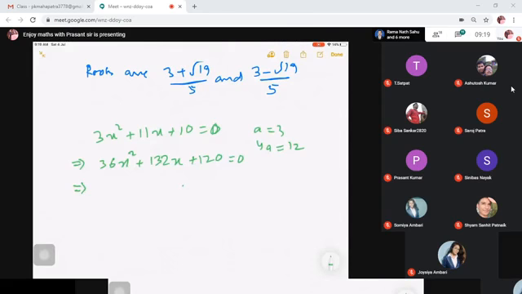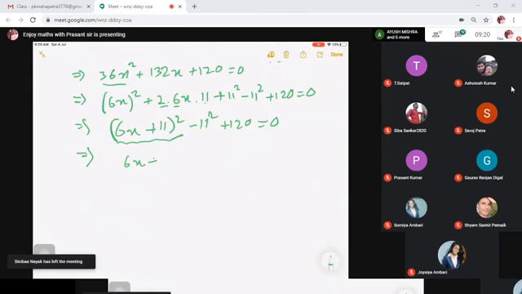Now we have already completed the square. So 6x plus 11 whole square and minus 11 square. What is 11 square? Sir, 121.